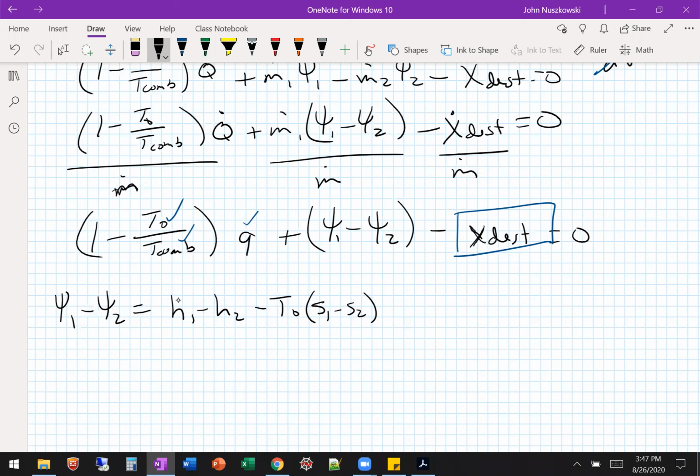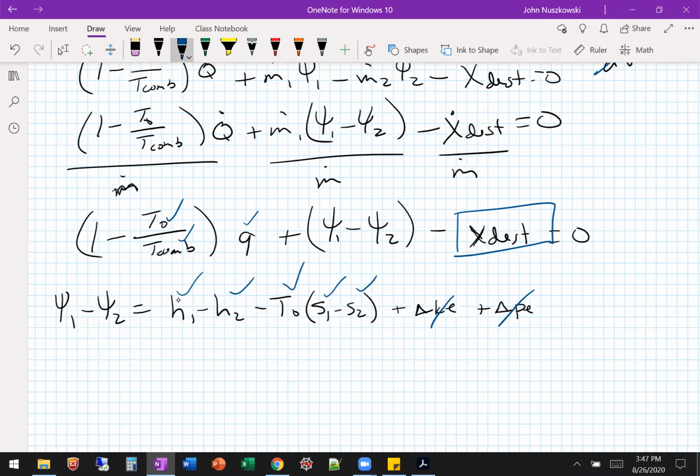There's also a change in kinetic energy plus change in potential energy, which we're canceling, right? All right, so with this, we've already figured out enthalpy values and entropy values, and we have T net.